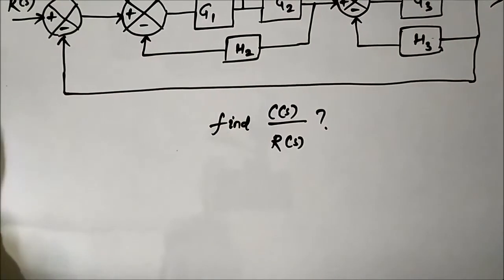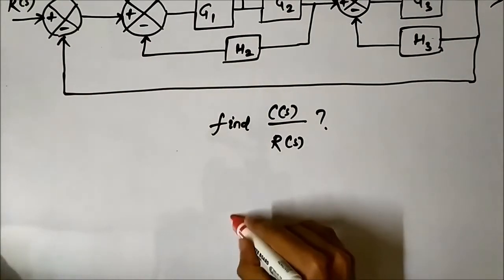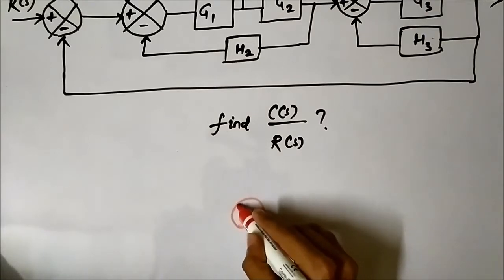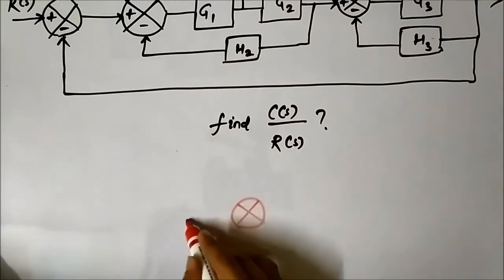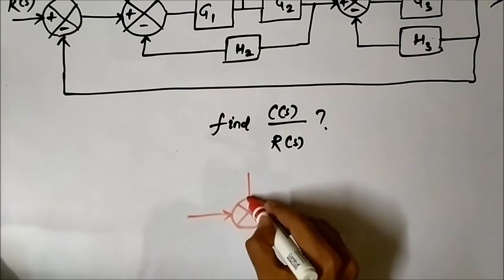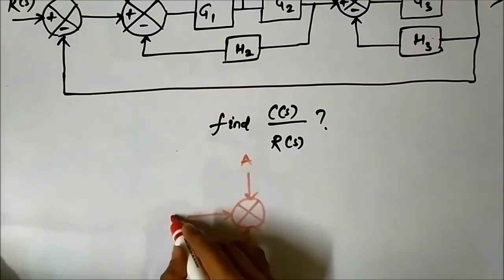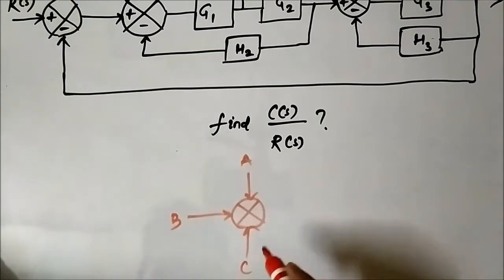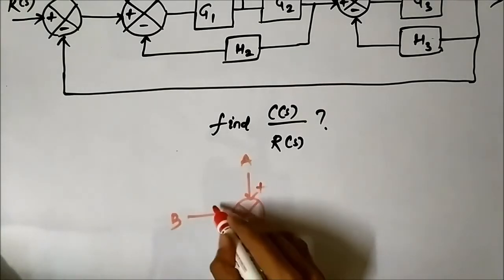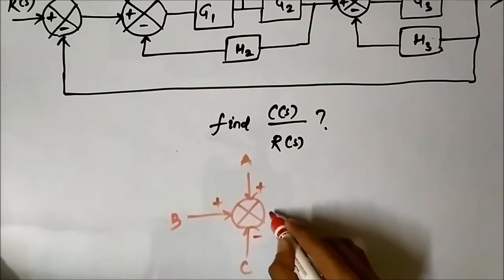Let us say we have a summing point like this. We have three inputs. Let's say this is A, this is B, this is C. A and B are positive, and C is negative.